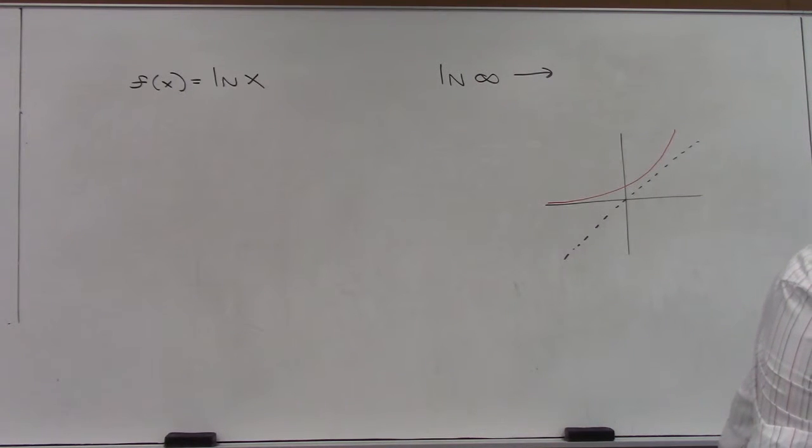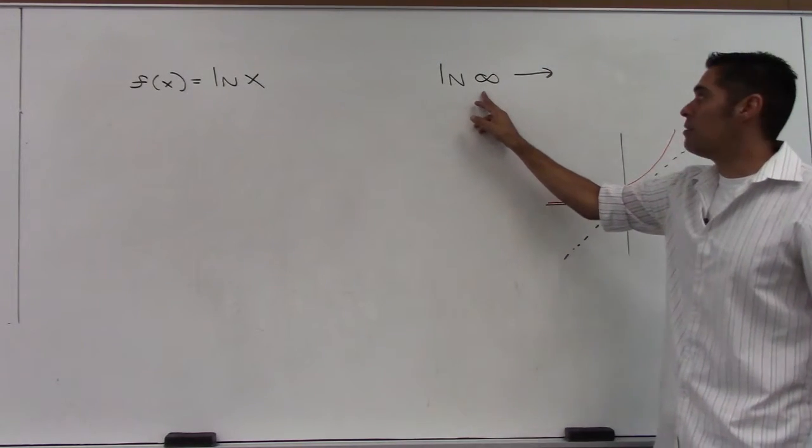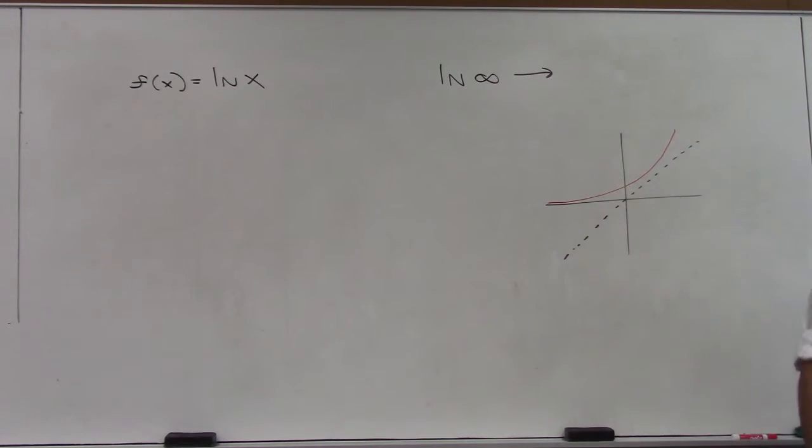I thought this was in the video. There's e to the x, right? Didn't I have natural log right there, like that? So now, what does the natural log function tend to do as you go out to infinity now that you have the picture of it? And I'll go a little further. Let me go plot range a little bit more. And I'll show the identity. There's that diagonal we were talking about.